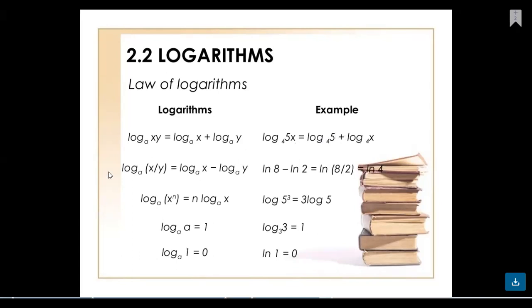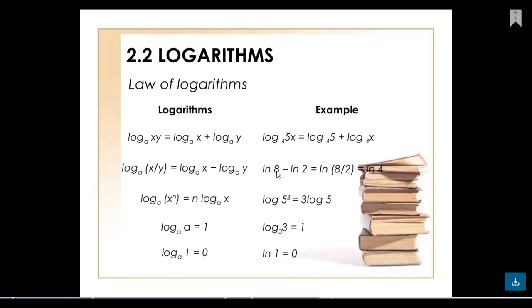Okay. Kapag ganito naman, di ba ito yung multiplication nagiging addition. Kapag division naman nagiging subtraction. So, kapag log A x over y will be log A x minus log A y.